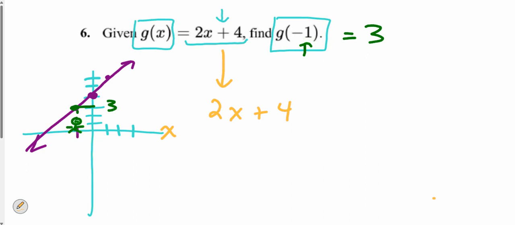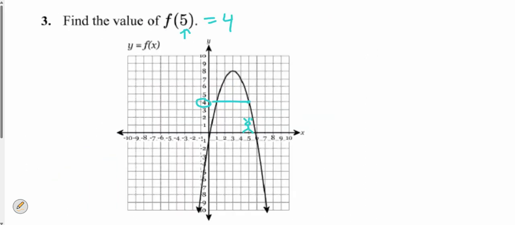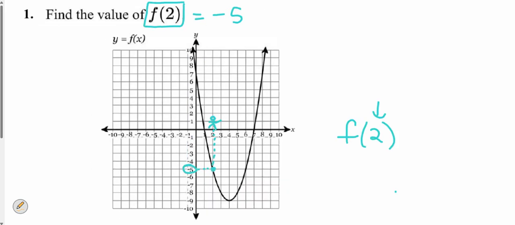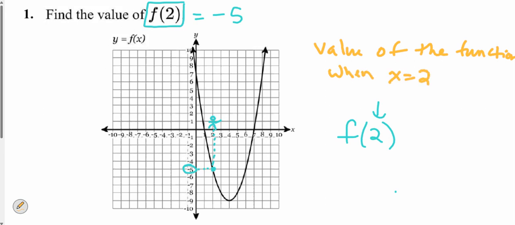Remember at the very beginning I said, I erased my writing, f of 2 is what's the value of the function when x equals 2. So this number here is telling us what x is equal to, and then we're supposed to find what the value of the function is, which is the y value, right?